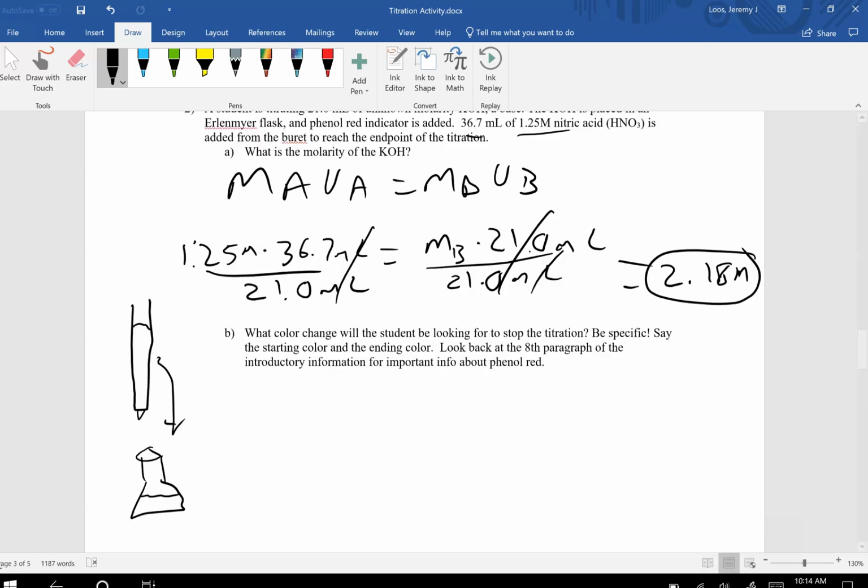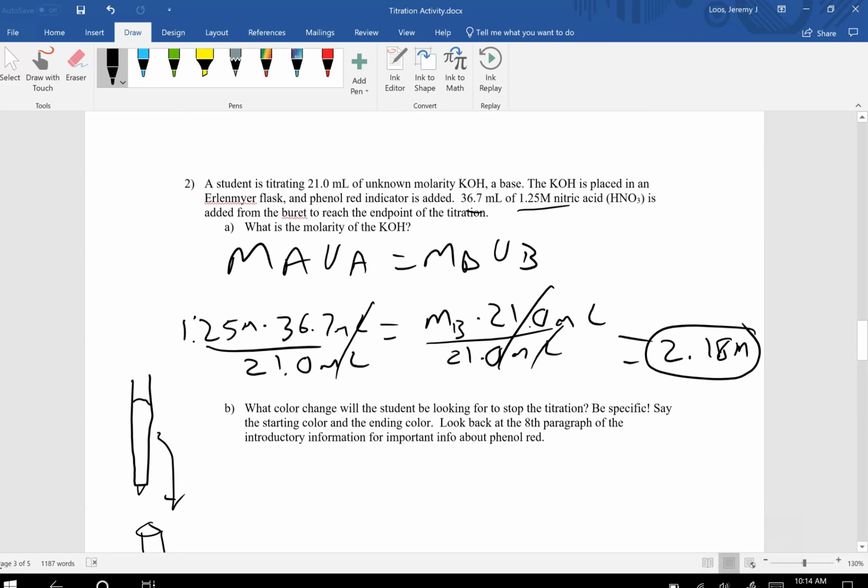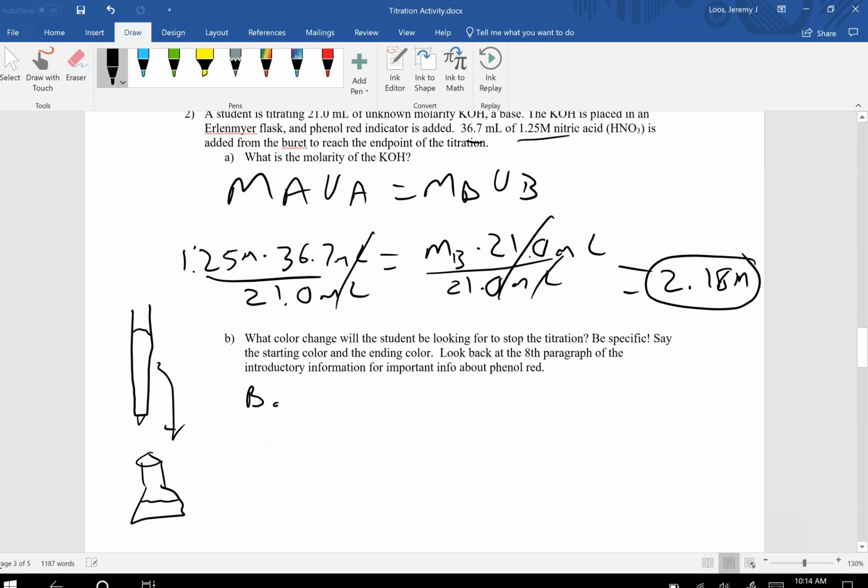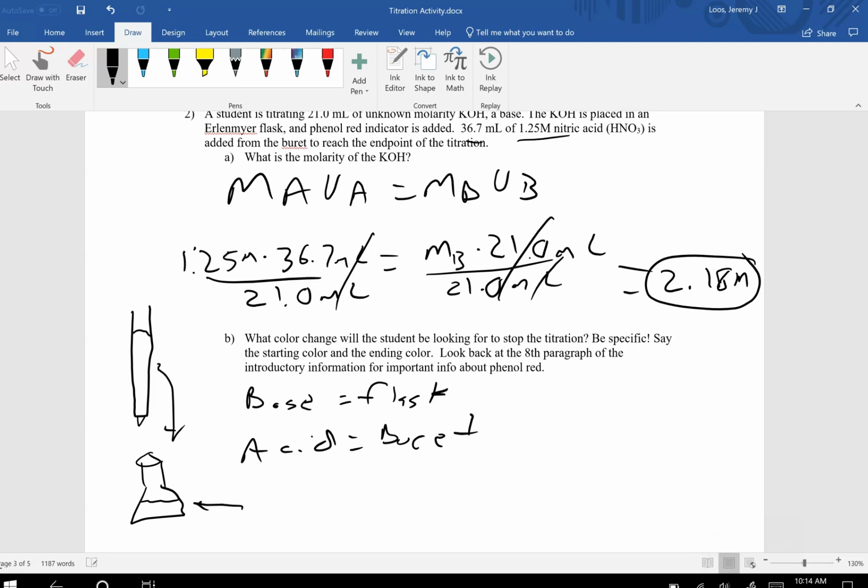So what have they got in the flask? If we look at the problem, they've got KOH. They've got a base in the flask, and there's an acid in the burette. They're putting the indicator in here. So they're putting the indicator in with a base, and there's acid being added to that.